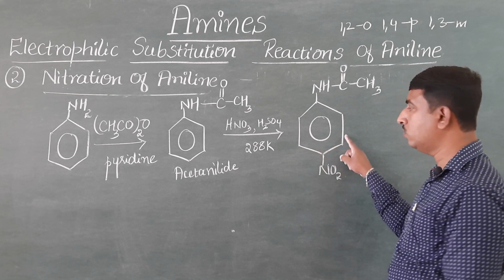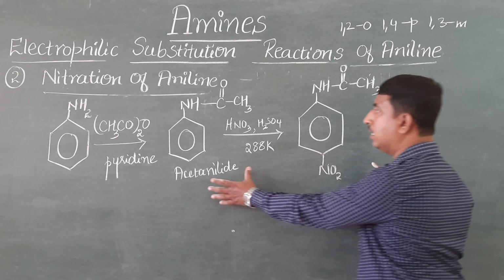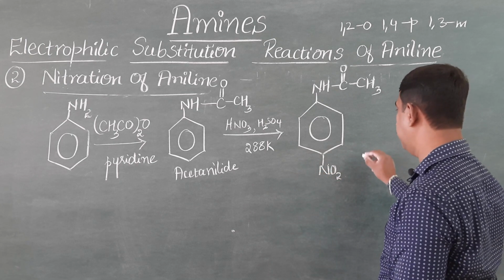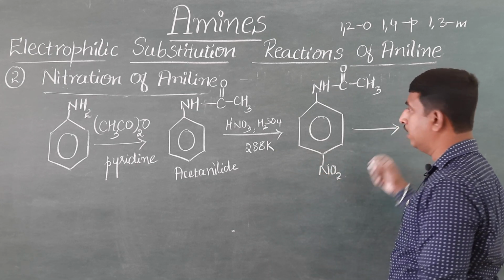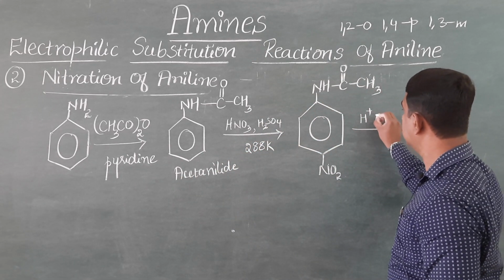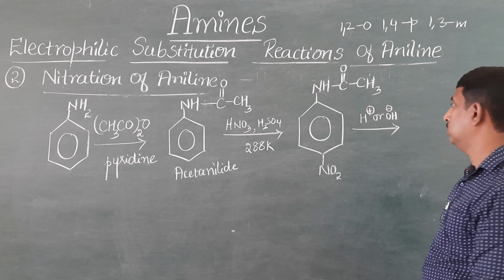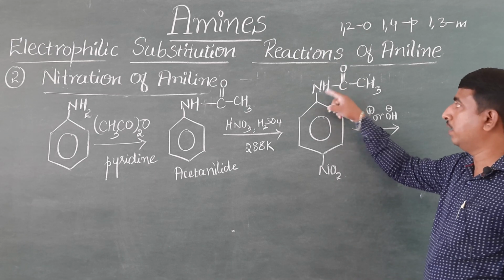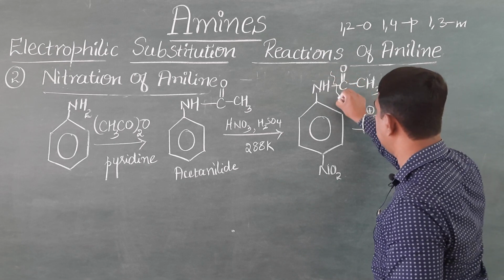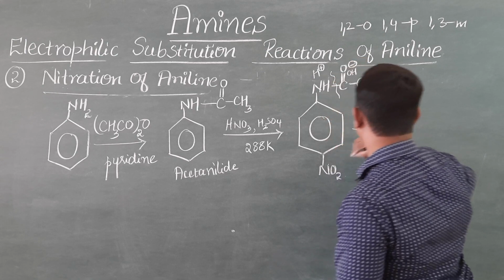So, para nitro acetanilide will be formed. First step acetylation, second step nitration, last step hydrolysis, either by adding an acid or a base, to convert the NHCOCH3 group to NH2 once again. So, the bond breaks here, H plus is added to nitrogen, OH minus is added here.